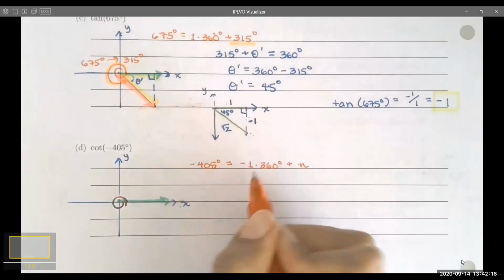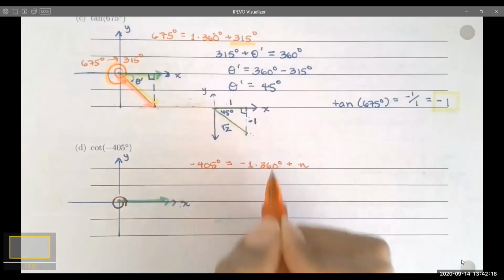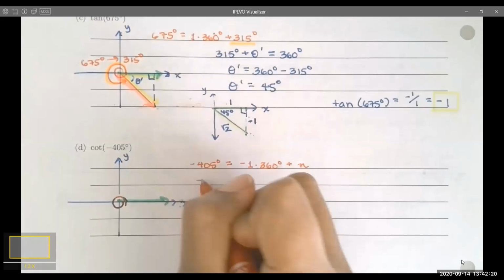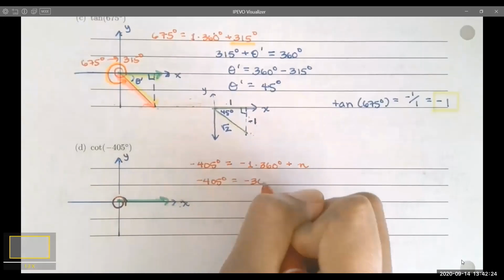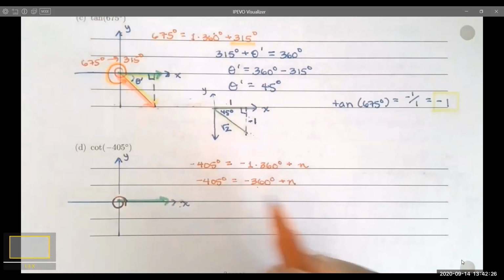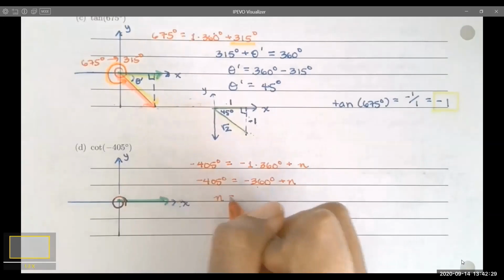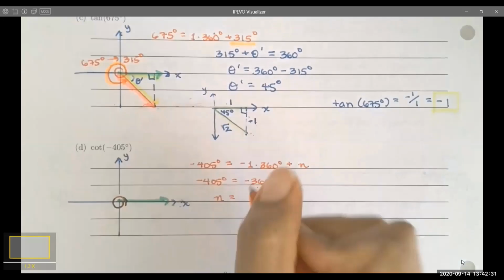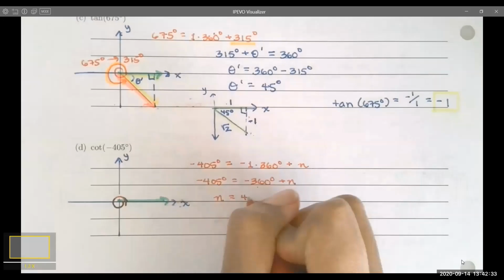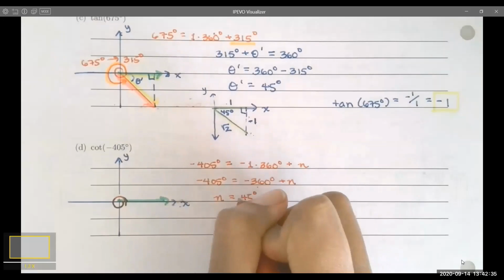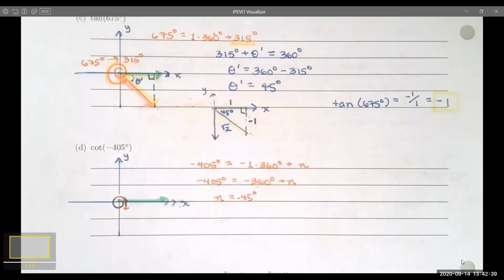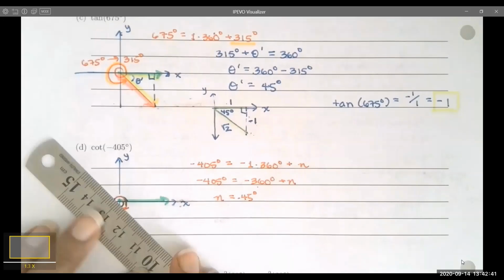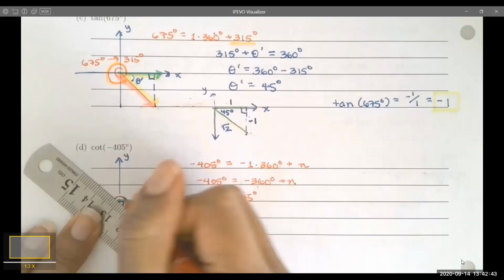Negative 1 times 360 would be negative 360. So we have negative 405 degrees is negative 360 plus n. Add 360 to both sides, and we're going to get that n will be negative 45 degrees. So what that means is that we're still continuing in this clockwise direction, 45 degrees.